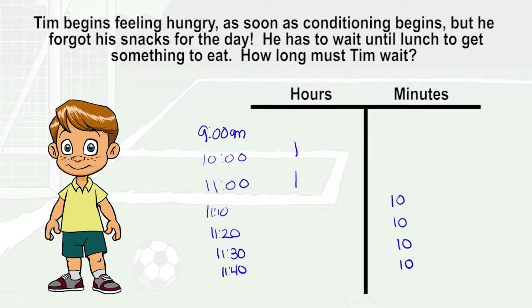At that point, students will go ahead and add 5 minutes more onto their minute chart, which brings them to our stop time of 11:45. Using the T-chart, students will be able to summarize that they have moved forward in time 2 hours and 45 minutes. So our elapsed time between the start of conditioning and lunchtime for Tim is 2 hours and 45 minutes.